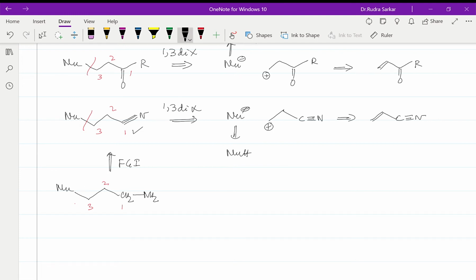So this is not very easy to identify, but if you have a CH2NH2 and we have a functionality at the 3 position, then do a FGI, which will convert the CH2NH2 into a CN, okay, and then do as we have done over here.